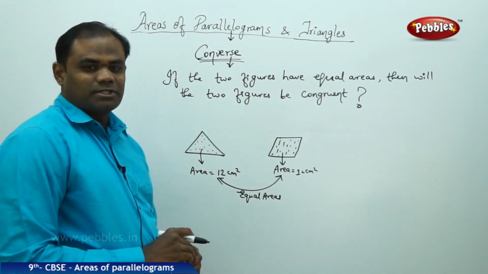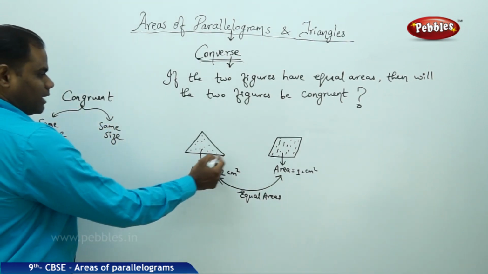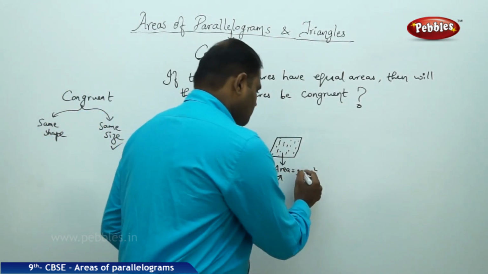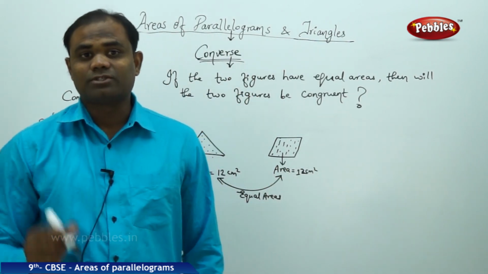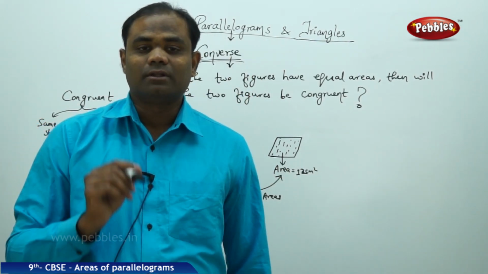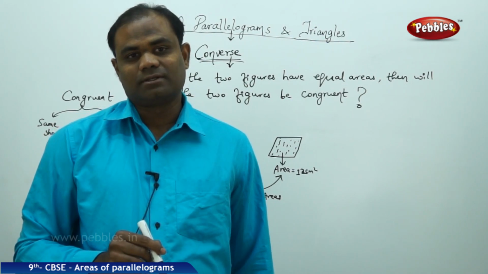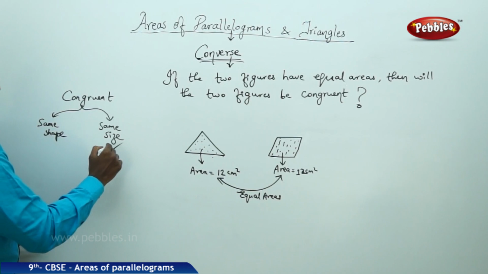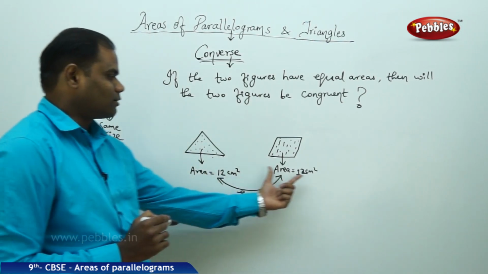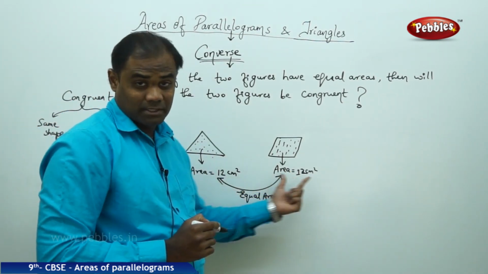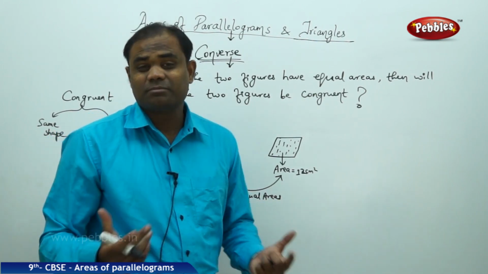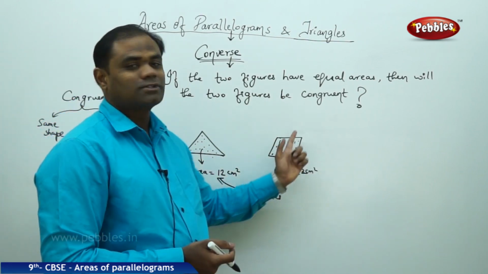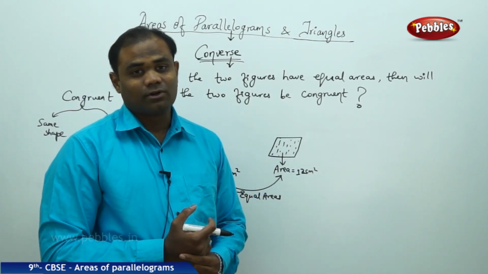Now here comes the question: the triangle and parallelogram have the same size because their areas are the same, but are they of the same shape is also very important in ruling out congruency. In justifying the two figures to be congruent, we have to justify the same size. Yes, of course, they are of the same size, each being 12 centimeters square, but are they of the same shape? No, this is a three-sided figure and this is a four-sided closed figure. So they're not of the same shape.